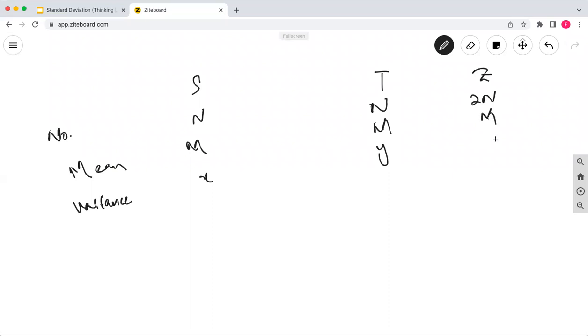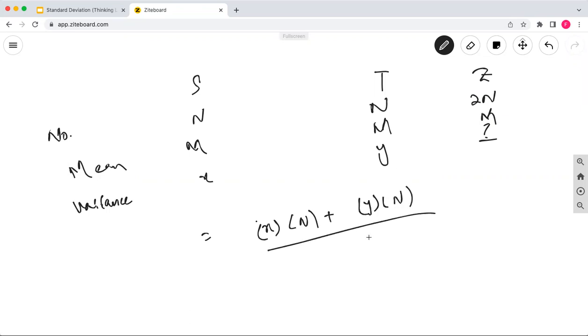The mean is also m. You need to find this thing. It is straightforward. The weighted average will be used: variance into number of elements plus variance into number of elements, divided by the total number of elements, which is (x plus y) over 2. So if this is the variance, what is the standard deviation? That will be the square root of this, which is the square root of (x plus y) over 2.